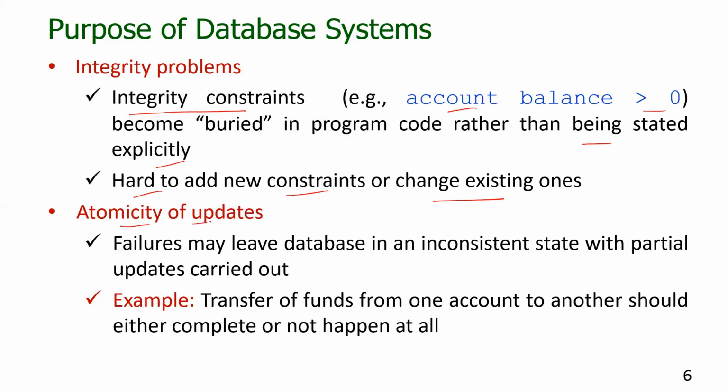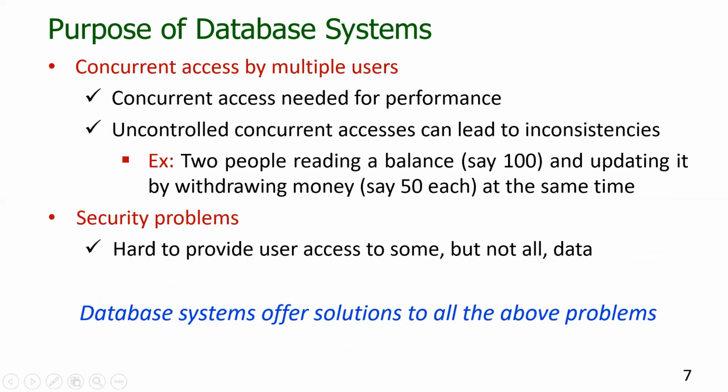Then atomicity of updates. Failures may leave the database in an inconsistent state with partial updates carried out. For example, a transfer of funds from one account to another should either complete or not happen at all. Then another issue, concurrent access by multiple users.